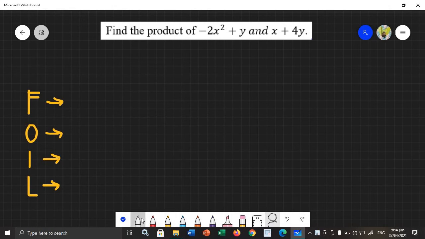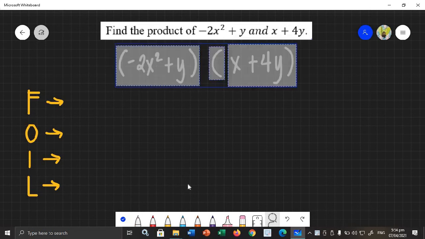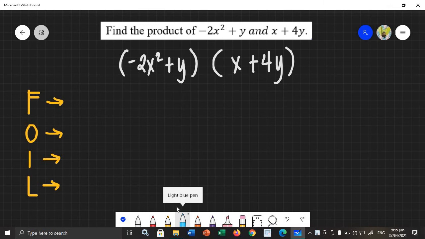Last example, we will be finding the product of negative 2x raised to the second power plus y and x plus 4y. So let's arrange first using a parenthesis, negative 2x squared plus y and x plus 4y. And then, these are two binomials, so the method that we will be using is the FOIL method.